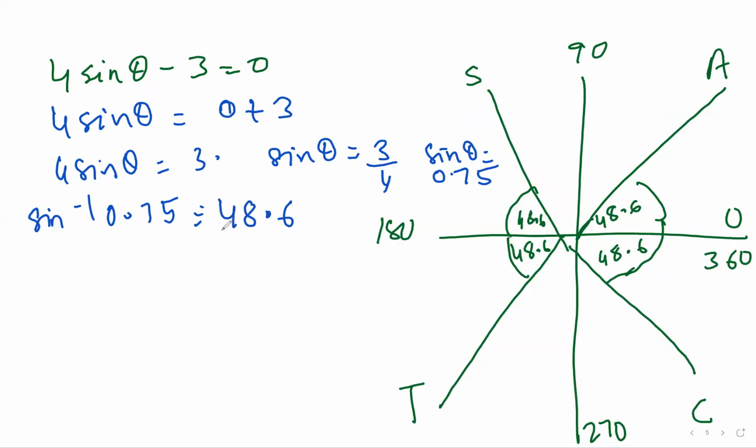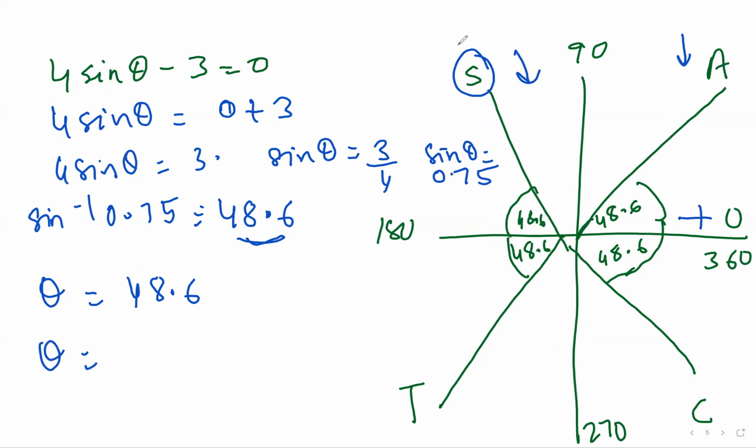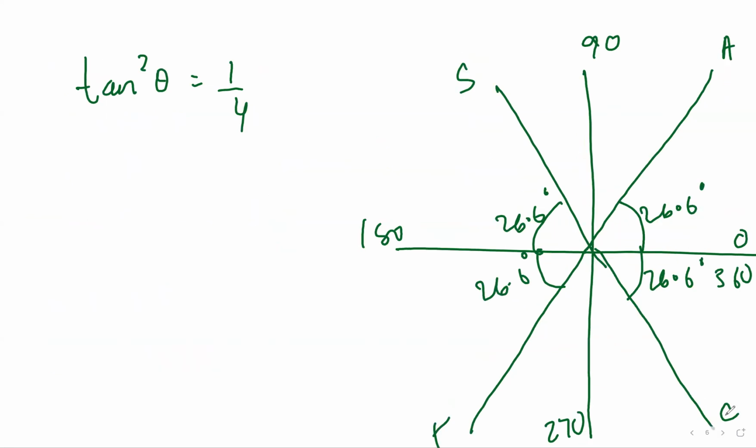I want positive 48.6. So I will focus on this quadrant and this quadrant. In this quadrant, all are positive and it is coming after 0. So 0 plus 48.6. In this quadrant, only sine is positive, and it is coming before 180. So 180 minus 48.6. Correct? So theta is 131.4.